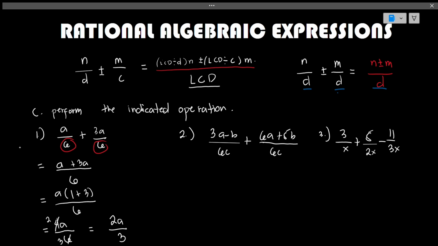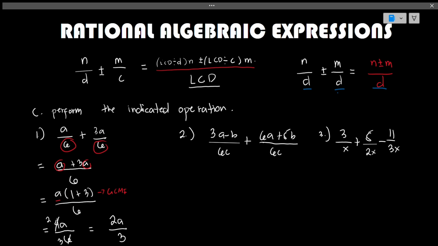You might be wondering what we did here. This is greatest common monomial factoring. They have a variable in common, so we take out the common variable, which is a, and then we get the remaining factor by dividing the polynomial by the GCF: a divided by a is 1, 3a divided by a is 3.